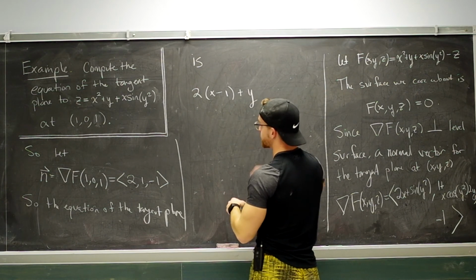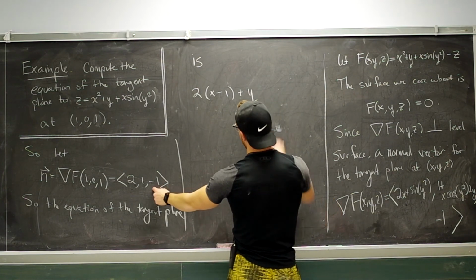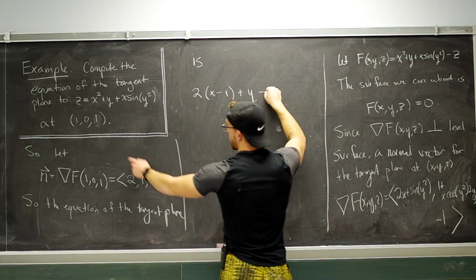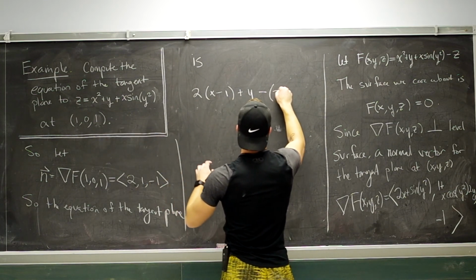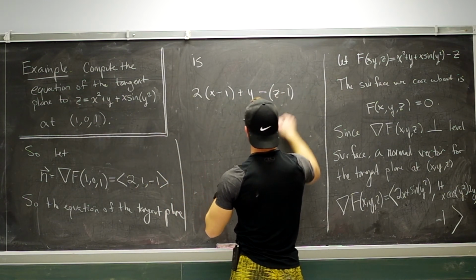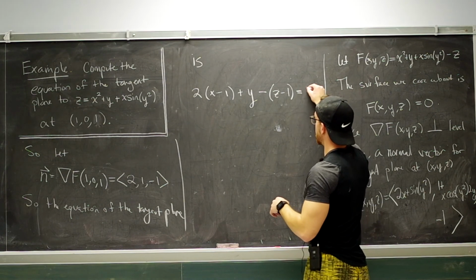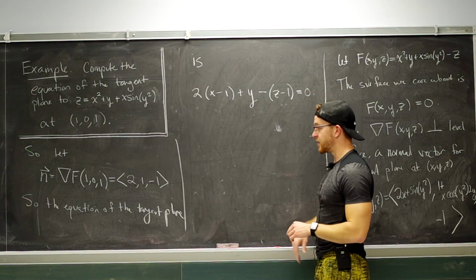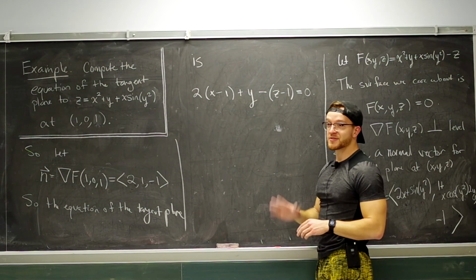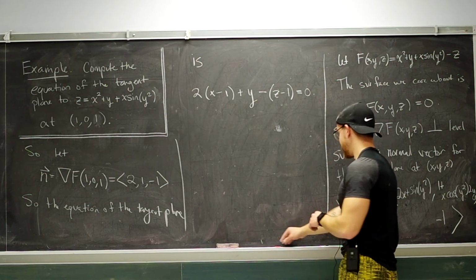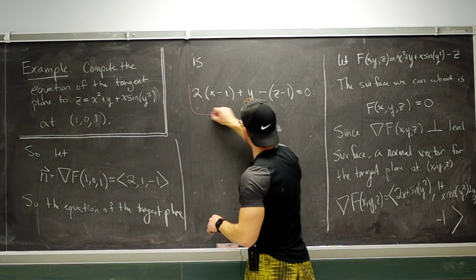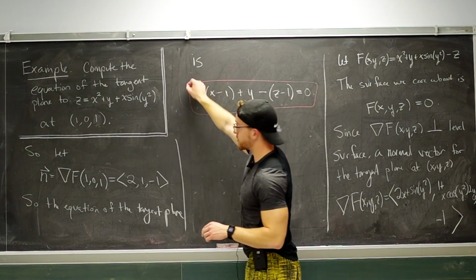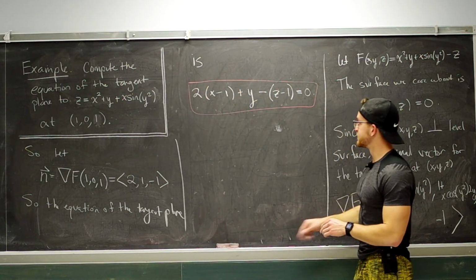So that's just plus y. And then minus 1 times z minus the z value equals 0. That's the tangent plane. And as long as I did this correctly, this should be exactly the same as what we got in the first solution.